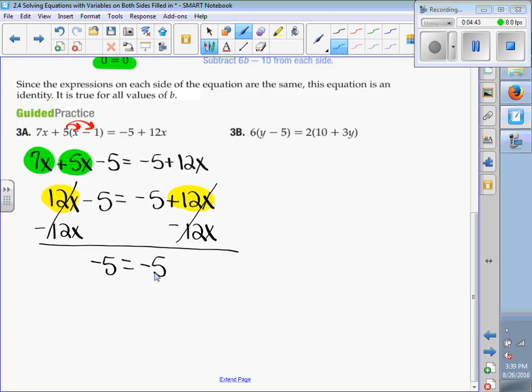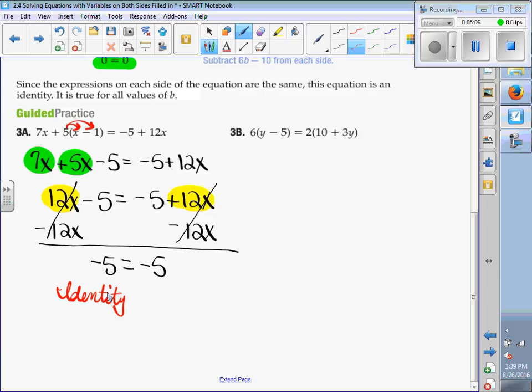A true statement means that what is it? Starts with an I. Identity. It is an identity. And what does it mean being an identity? Very good.